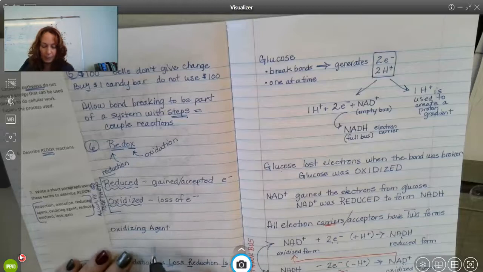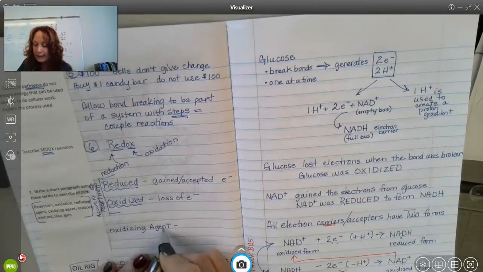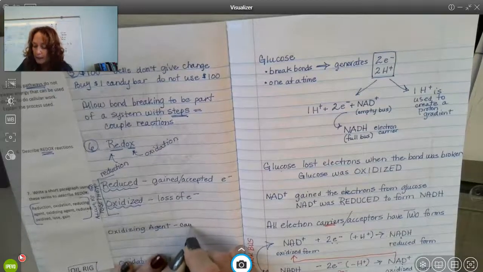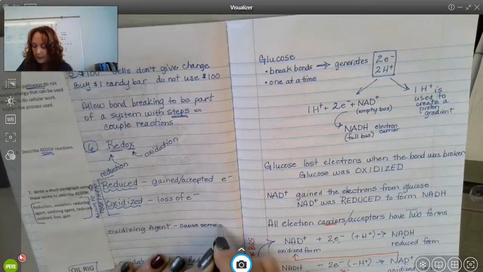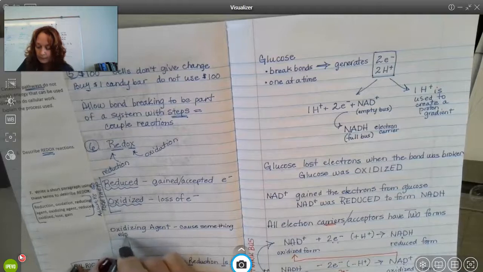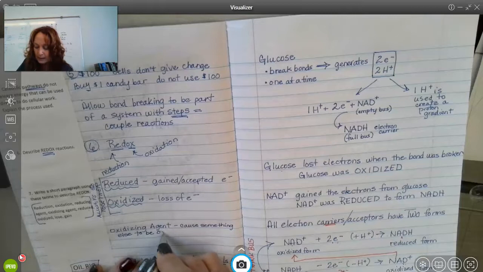So that word means an oxidizing agent is going to cause some other molecule, something else, to be oxidized.